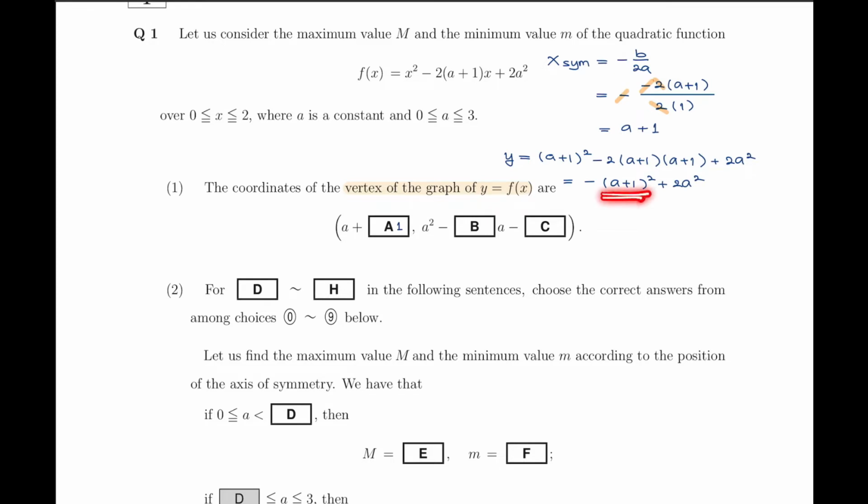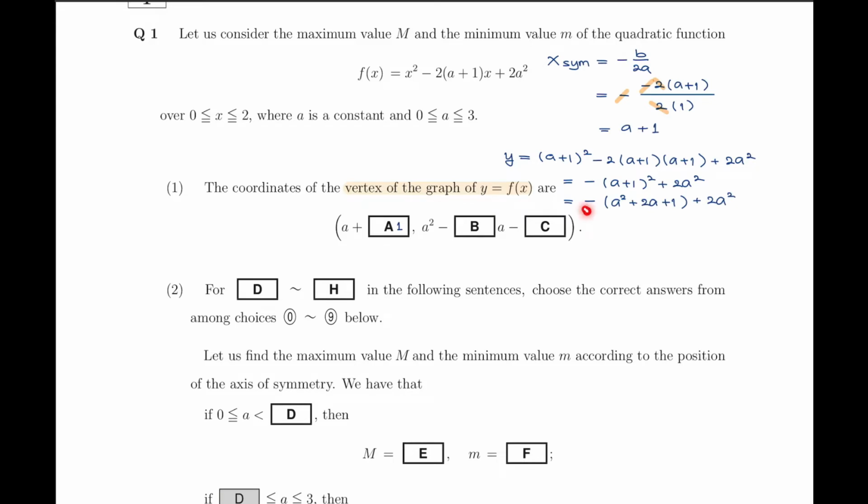Next, I will expand this expression and simplify it with 2a squared. I will get negative (a squared plus 2a plus 1) plus 2a squared.